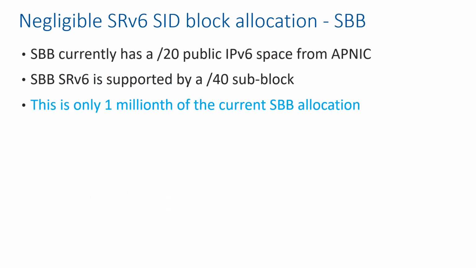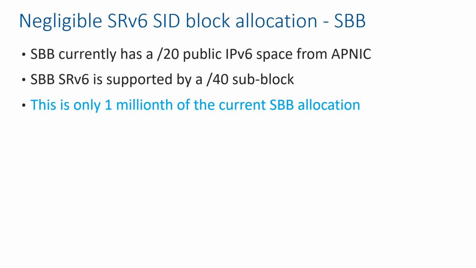We thank as well Satoru-san for sharing the SoftBank practice. The SoftBank deployment for all of the SRv6 services is based off a /40 out of the public /20 block received from APNIC. So they are using for all of the SRv6 services 1/millionth of their current IPv6 blocks.